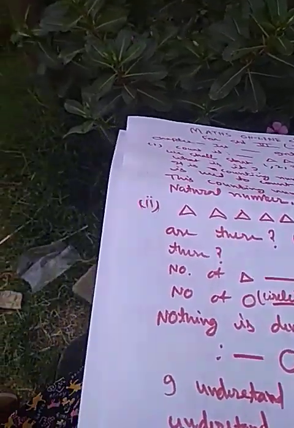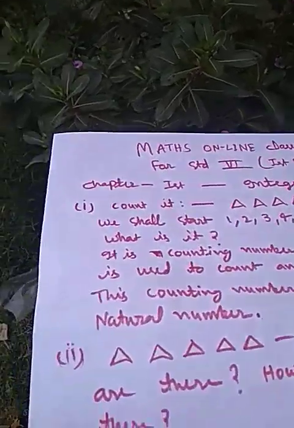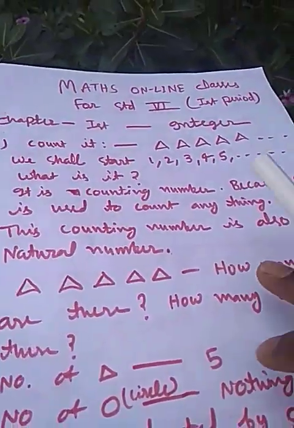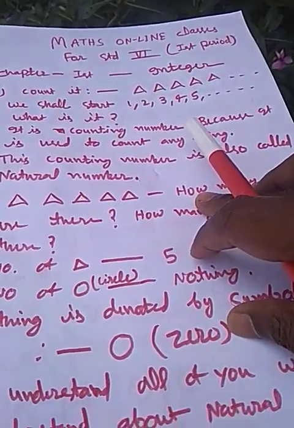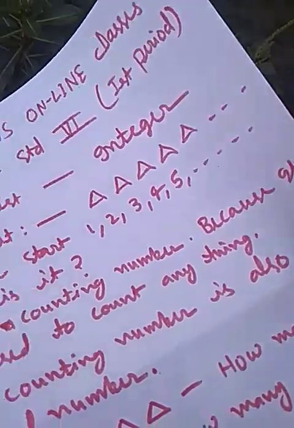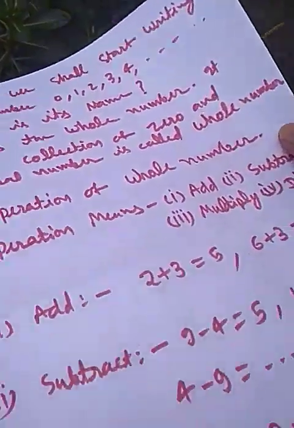It's called the 0. I understand all of you must have understood what the natural numbers are and what the 0 is. 0 means nothing. Nothing is denoted by a symbol that is called the 0.